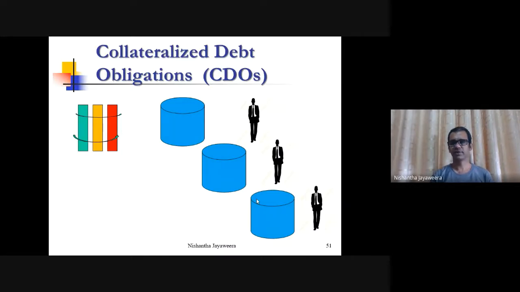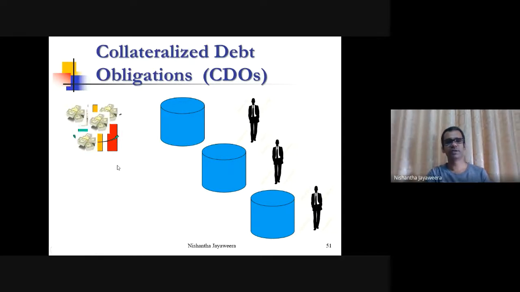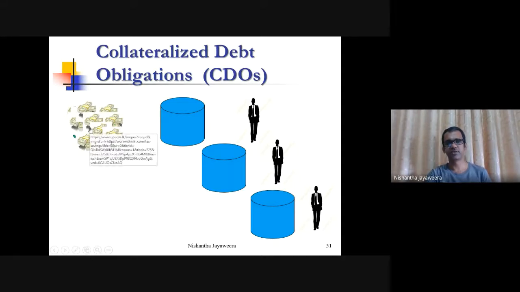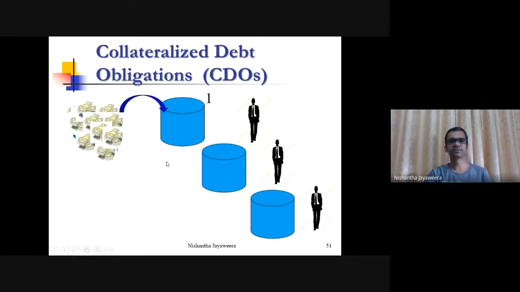So during the lifetime, based on this bundle, there will be a cash flow. Borrowers will pay their interest and principal amounts. The servicer will collect those and assess, okay, we have collected this much money now. What is the payment to be made to the senior tranche? First, make that payment to the senior tranche.